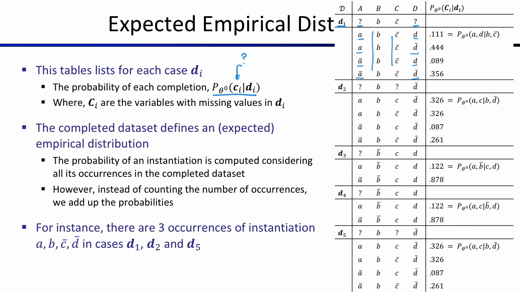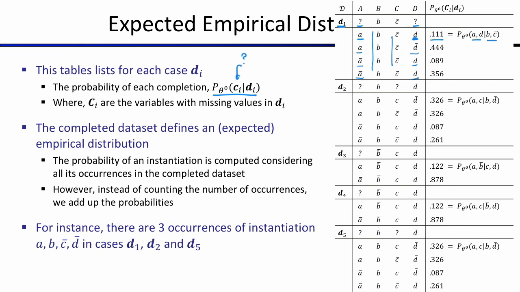So I'm going to fix that, and I'm going to compute the conditional probability for each instantiation of A and D given B and not C. So for instance, we have A and D given B and not C. It's going to be 0.111. So we have to do a little bit of inference. We have to do inference in the Bayesian network in order to compute this result.